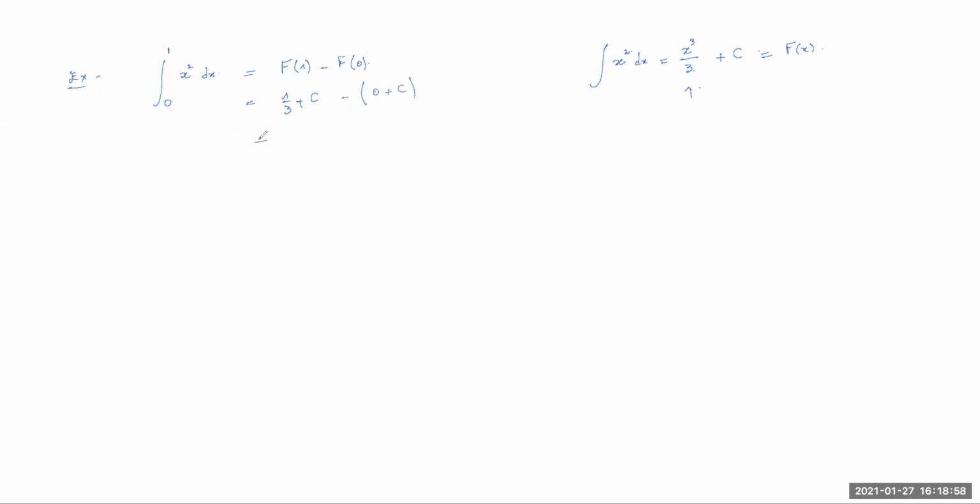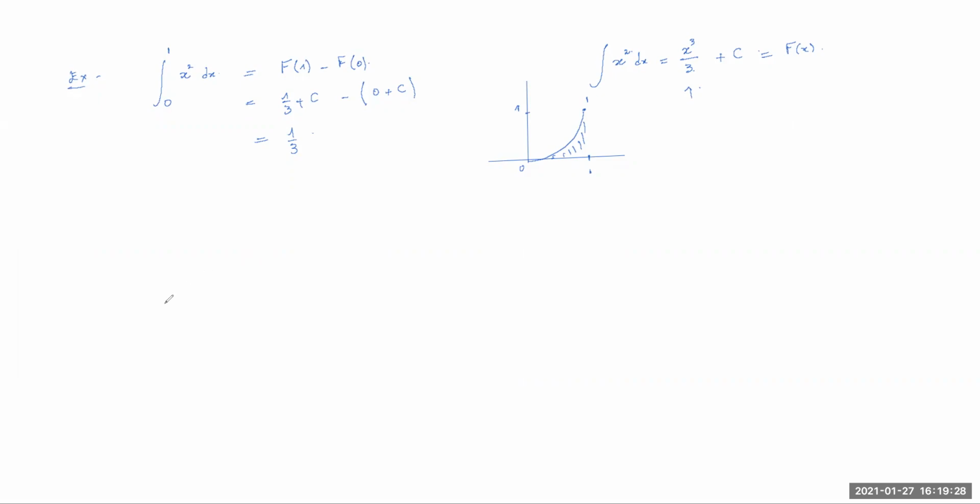And you simplify, you get exactly 1 over 3. So our area under the curve, the parabola on the interval 0, 1, the image is 1, 1 here, and 0 is here, and you have your parabola. So this part under the curve, its value is 1 over 3.